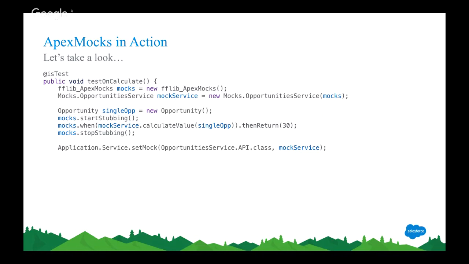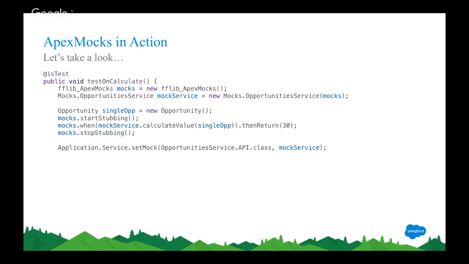We're then going to stop stubbing and get into our actual code. So this final line I want to call out, but I don't want to get into too much here. What this is doing is utilizing the Apex Enterprise patterns. For anyone who's not familiar with Apex Enterprise patterns, or you might have called it Apex Lib, it's essentially a way to do separation of concerns on Apex. If you're not familiar with it, I definitely recommend checking it out. Andy Fawcett has a bunch of great articles on it.